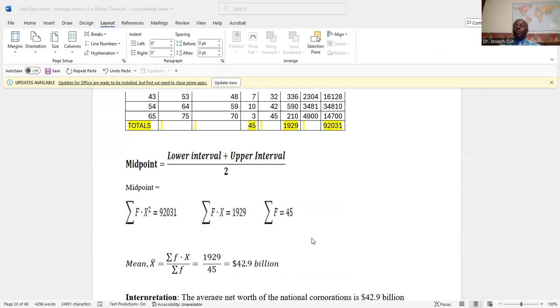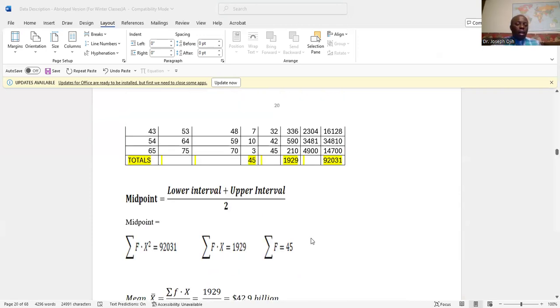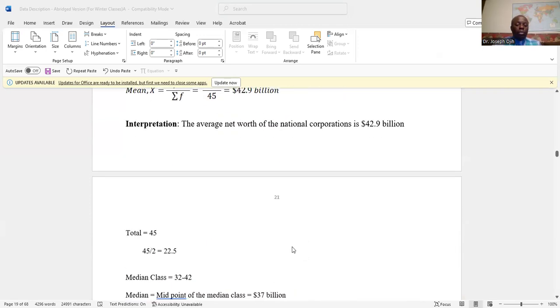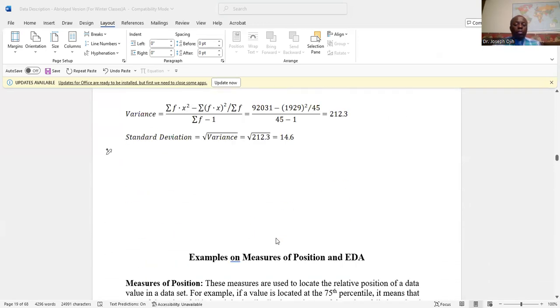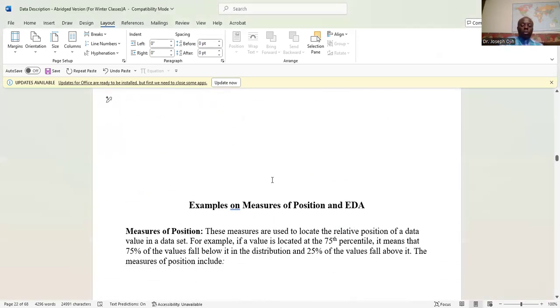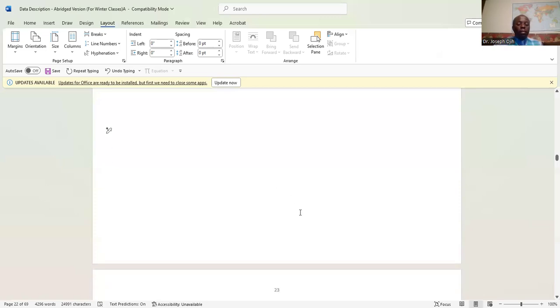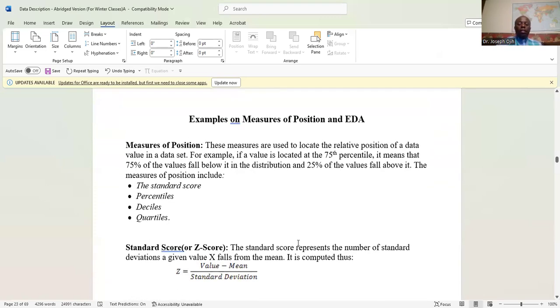So now I have shown you how to calculate the measures of central tendency for ungrouped data last week and for grouped data this week. We can now proceed to the next measure, which is called measures of position. We use them to locate the relative position of a data value in a data set.